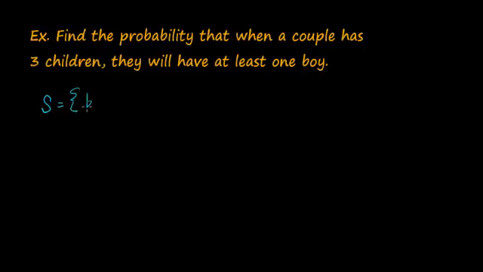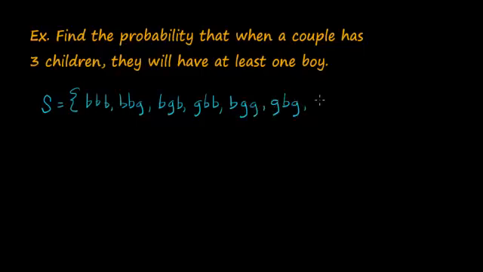We could have all 3 boys, or 2 boys and a girl, or boy, girl, boy, or girl, boy, boy. Or we could have a boy and 2 girls, or girl, boy, girl, or girl, girl, boy, and finally all 3 girls. So there was our sample space with every possible outcome. There are 1, 2, 3, 4, 5, 6, 7, 8 simple events in our sample space. Find the probability when a couple has 3 children they will have at least one boy.